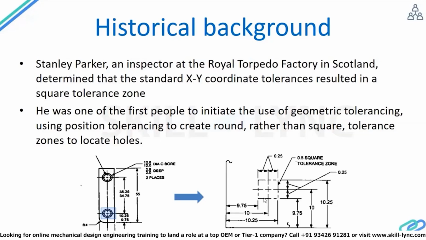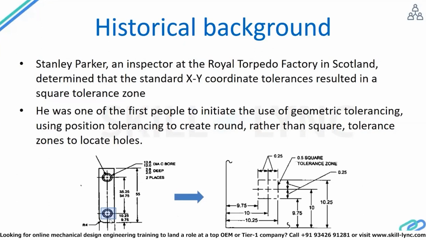And this is the observation of Mr. Stanley Parker. And he stated this is a limitation of coordinate dimensioning. He was one of the first people to initiate the use of geometric tolerancing. When I say geometric tolerancing, Mr. Parker, instead of dimensioning and tolerancing the coordinates, started dimensioning and tolerancing the geometry of the part.